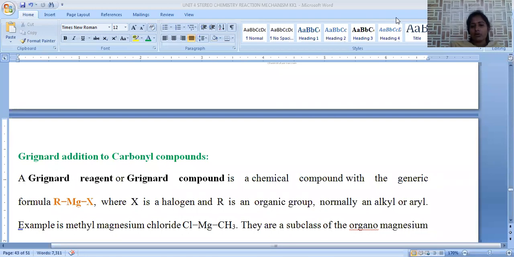Primary or secondary? Whose stability is more? Secondary carbocation stability will be more. That's the reason why the reaction proceeded with hydrogen added to this H plus at first carbon, then only stable secondary carbocation is generated.